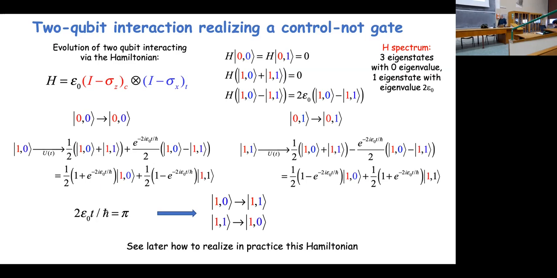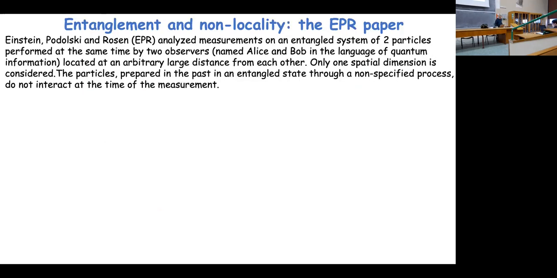And I would like to spend now the rest of the lecture on the concept of non-locality. The fact that entanglement gives rise to very strange, very counterintuitive features if you consider an entangled system made of 2 parts which are very far from each other, and you start to perform measurements on the 2 parts.